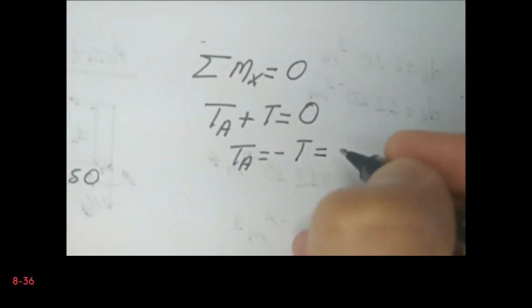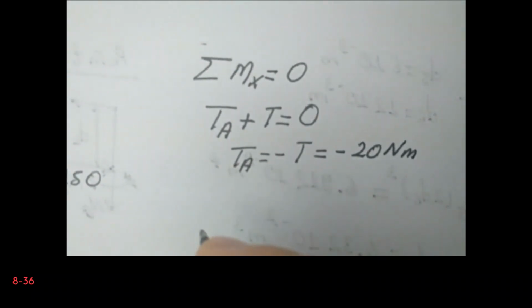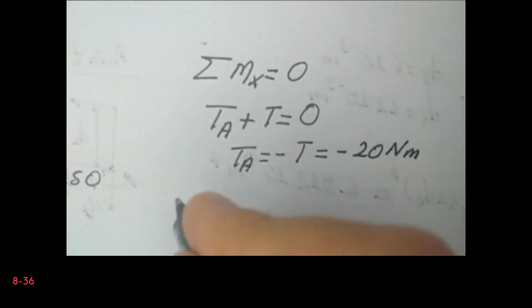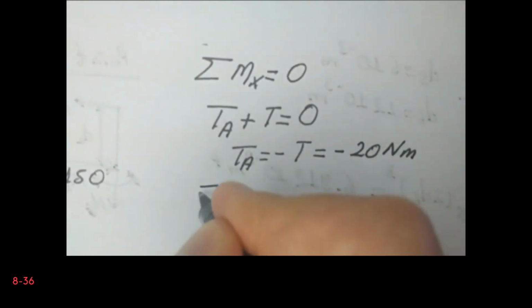Now we don't have any moment around Y-axis. We only have moment in Z-axis, so sum of the moments in Z direction has to be equal to 0.